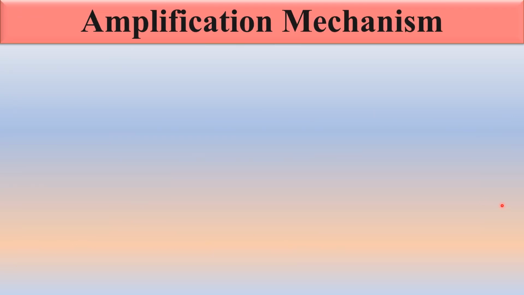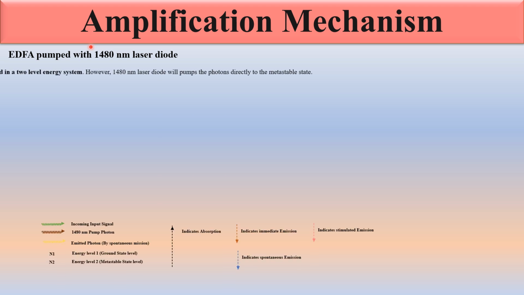So let's start the amplification mechanism by 1480 nanometer laser diode. I have already mentioned that when we are using the 1480 nanometer laser diode, there are only two energy states, because 1480 nanometer pumping does not have sufficient energy to move the electrons from N1 directly to N3. So there are only two energy states, and hence no population inversion happens.